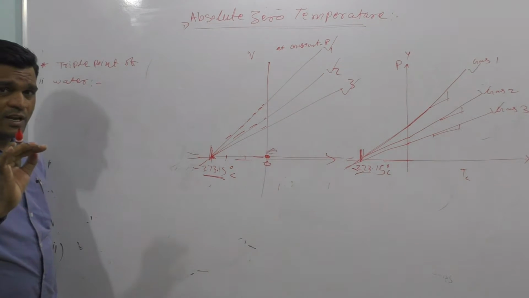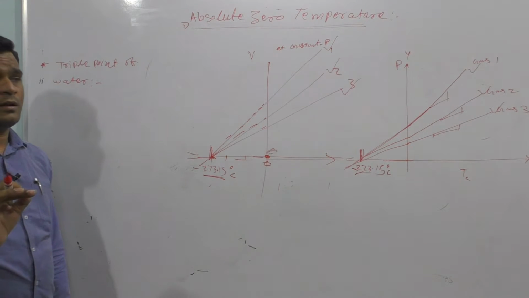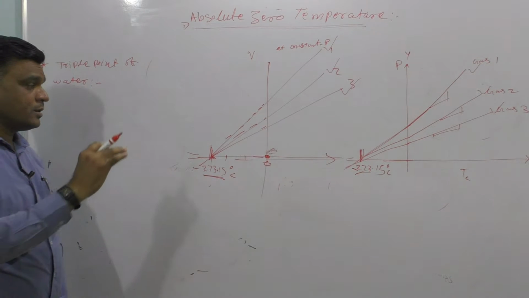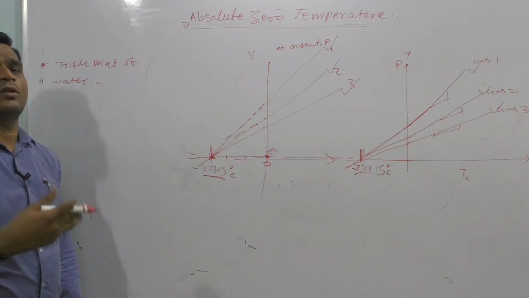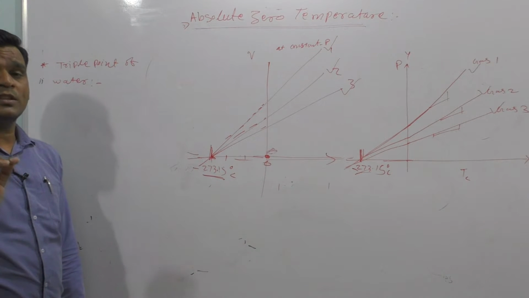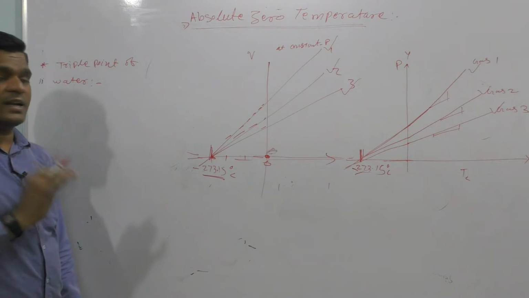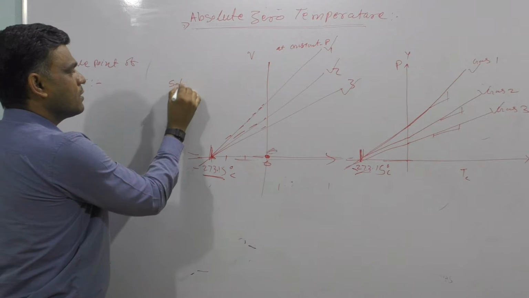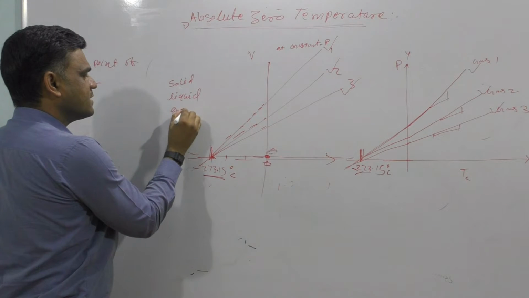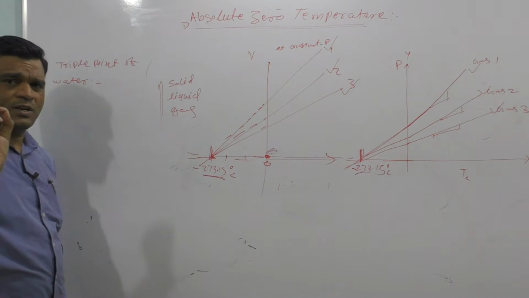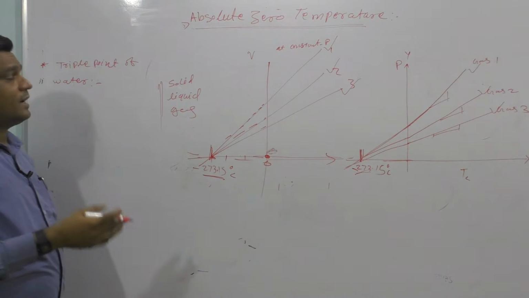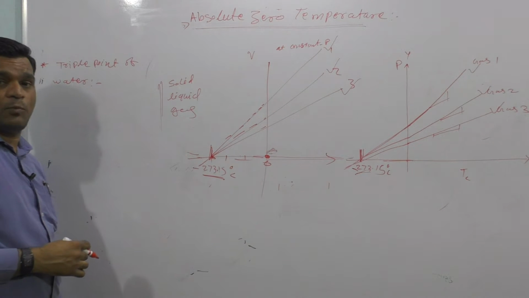Triple point means a point of the graph at which the material, particularly we say the water, exists in all three phases at that point. Means solid phase, liquid phase and gas. All three phases coincide at a single point. It is possible, and that point is called the triple point.